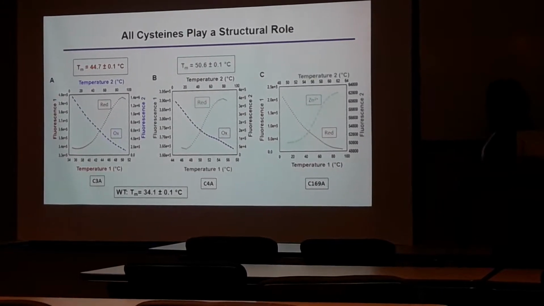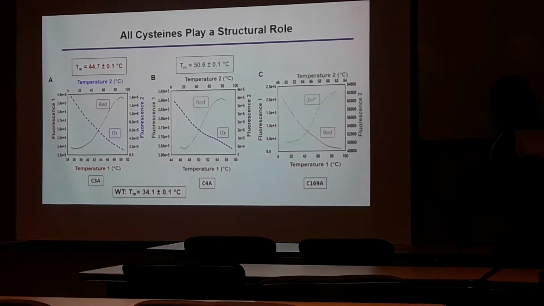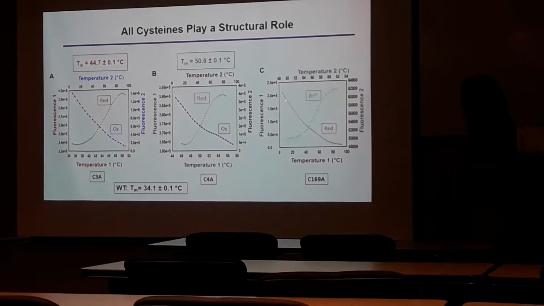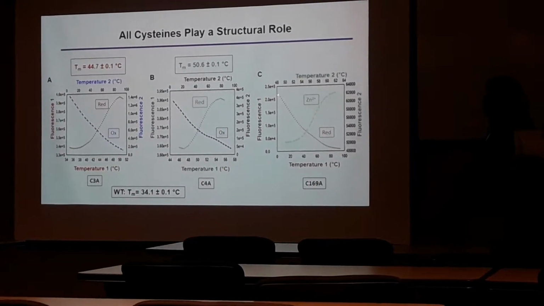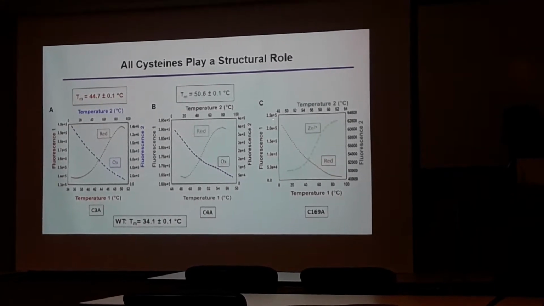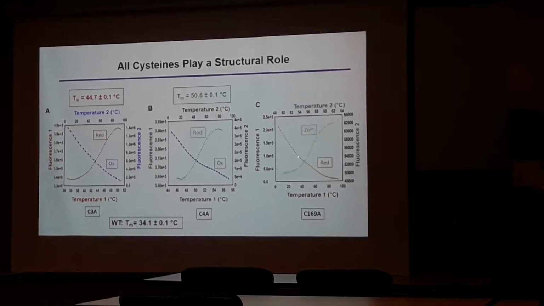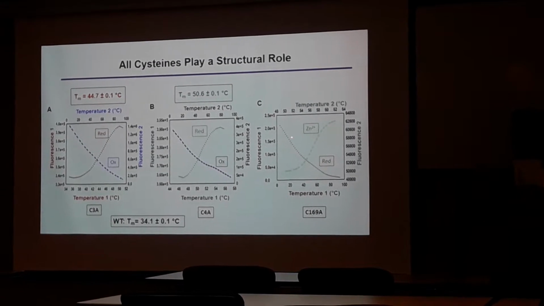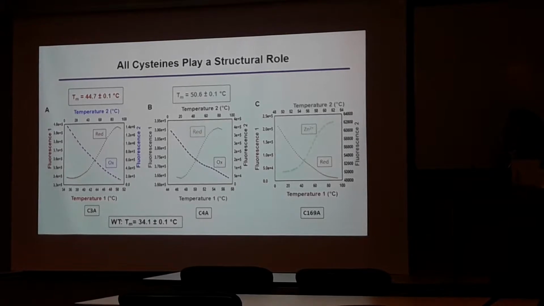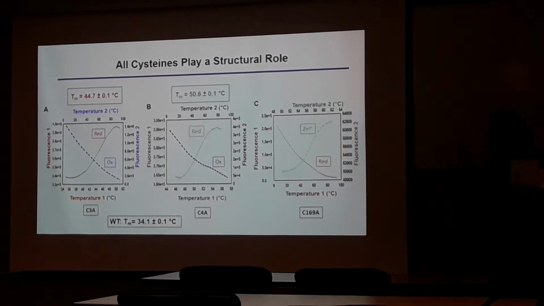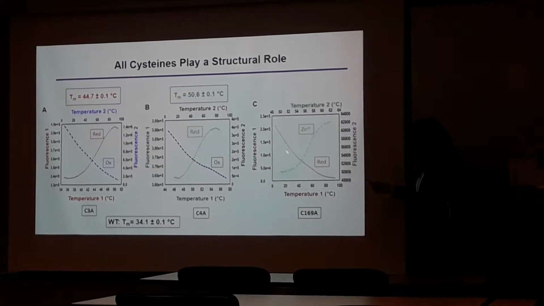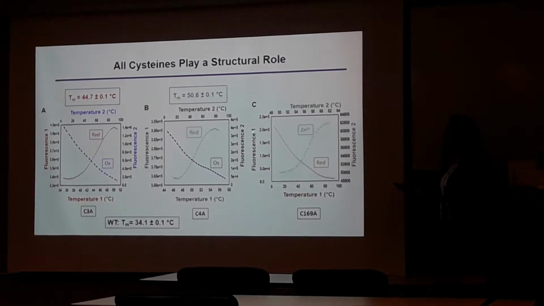So when we measured thermal stability of reduced C169A, that was really surprising in a sense that you see the initial fluorescence, this orange dotted line, initial high fluorescence and a rapid decline in the fluorescence, and there is no clear melting transition. And this feature is telling us that C169A is not properly folded. That's why its hydrophobic core is already exposed, so the dye binds and it shows the initial high fluorescence.